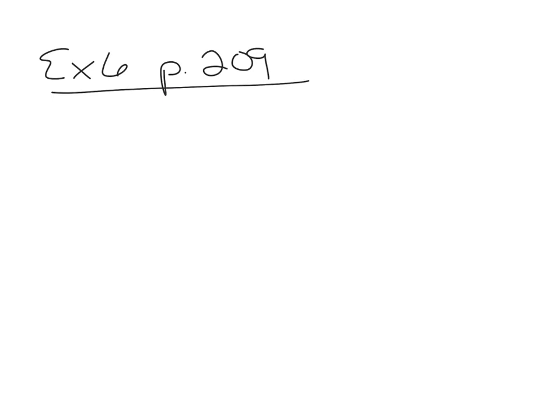Okay, for example 6, on page 209, we're now going to start multiplying complex numbers. So letter A is 5i times 2i. And multiplying imaginary numbers like this, since these are both monomials, is just like multiplying any kinds of terms with variables.